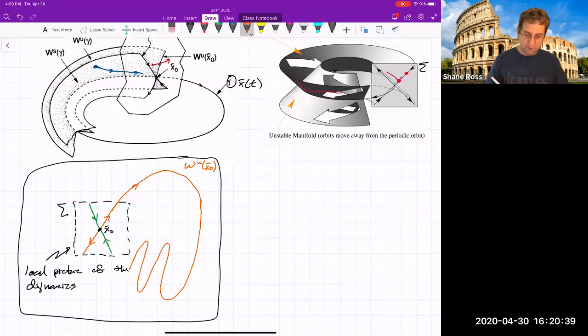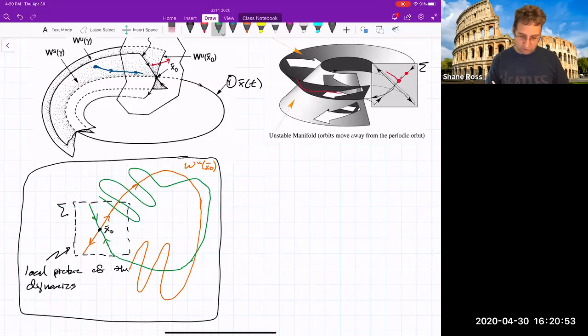You might wonder, why is it doing all this curling? It kind of has to do it, and hopefully we can get to that. And so then you get this kind of thing. What is this green thing? The green thing is the stable manifold. And they can intersect. What happens at the points where they intersect? Well, we will get to that, hopefully. The intersection points are heteroclinic trajectories.